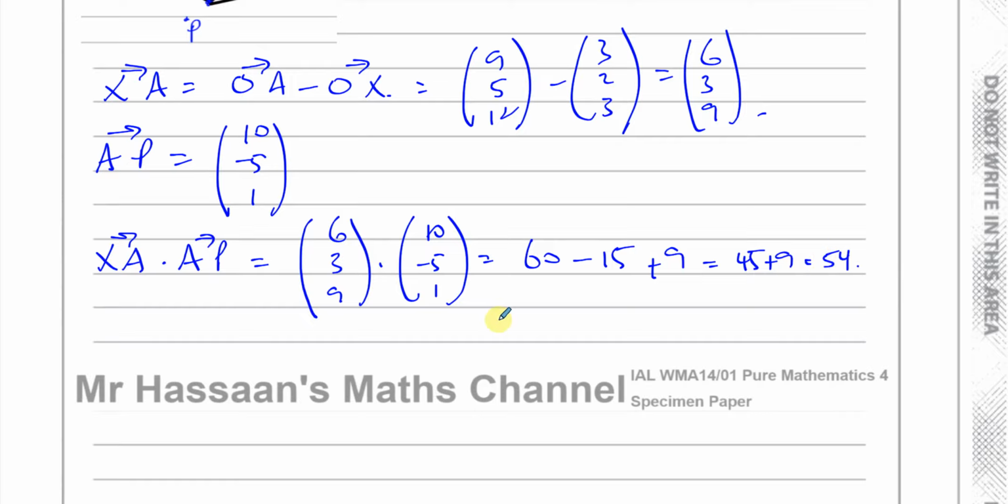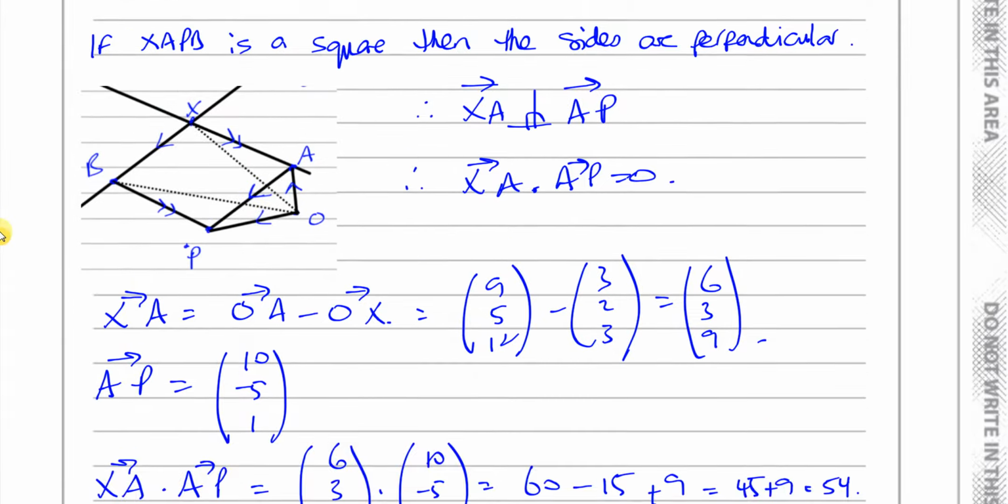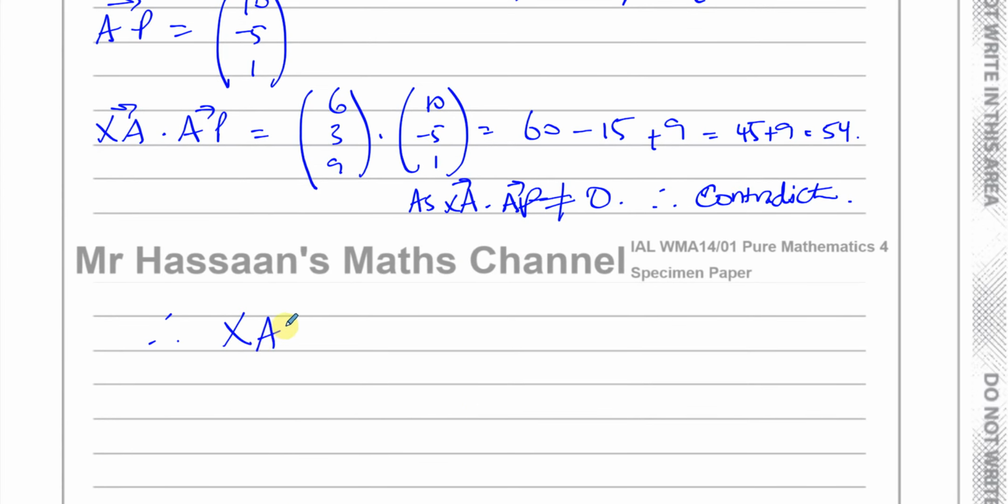Therefore, as XA dot AP is not equal to 0, it's a contradiction, because we assumed that it would be equal to 0. Therefore XAPB is not a square.